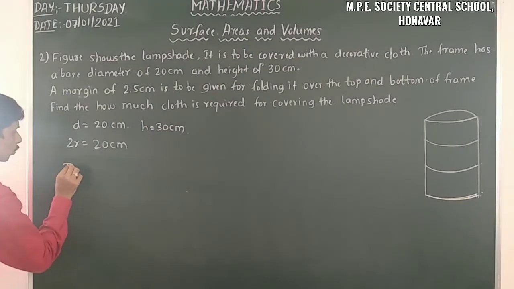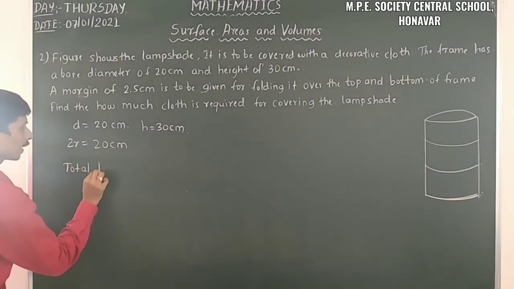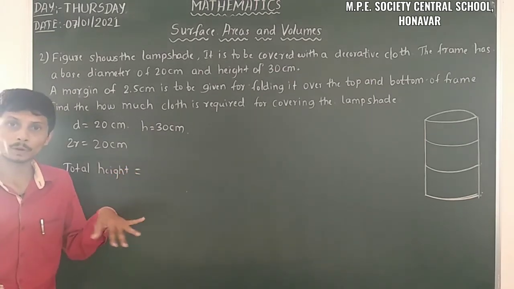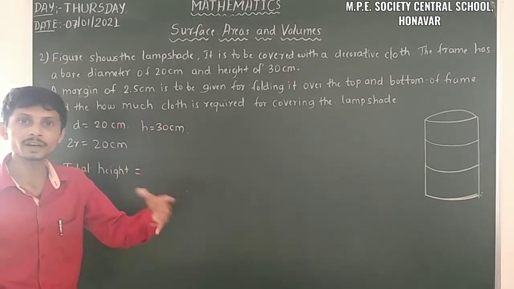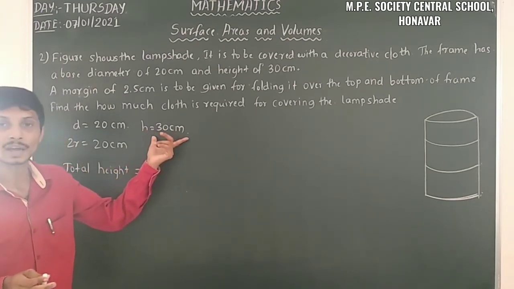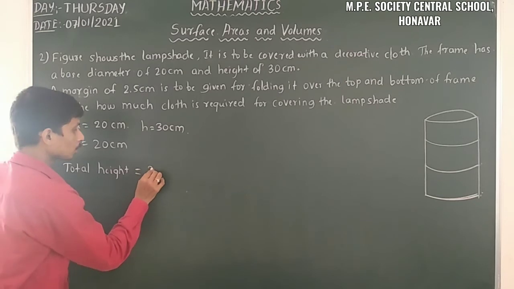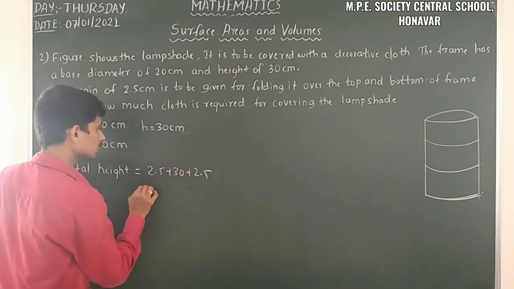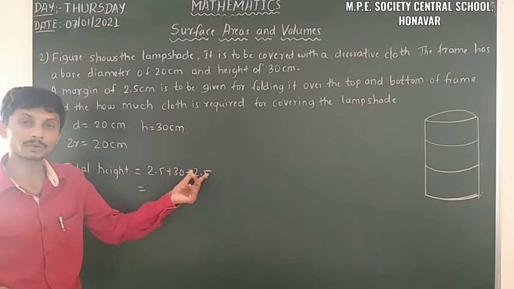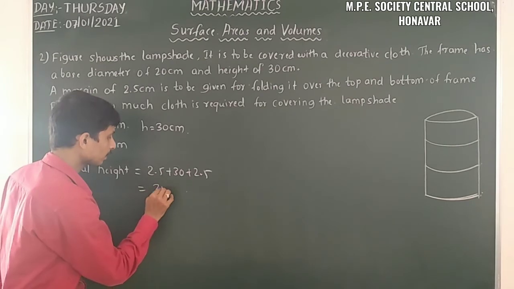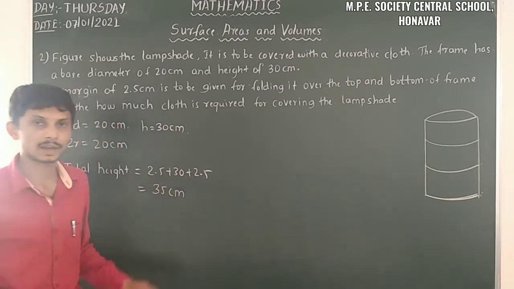That is 2.5 centimeter for the top and 2.5 centimeter for the bottom, and we have to add that to this height. That is 2.5 plus 30 plus 2.5, is equal to 2.5 plus 2.5, it is 5, plus 30, it is 35 centimeter.